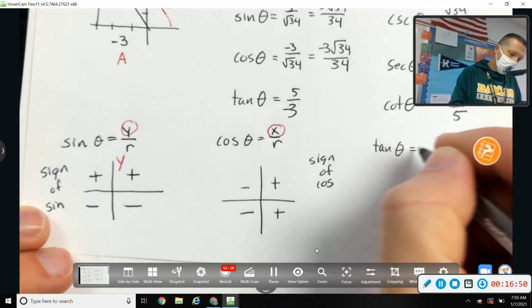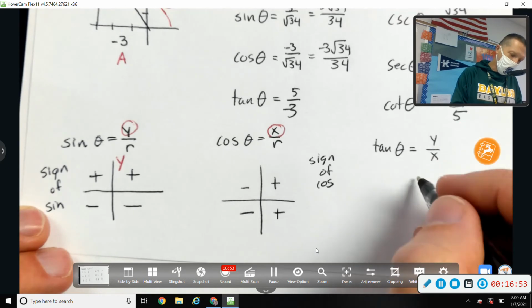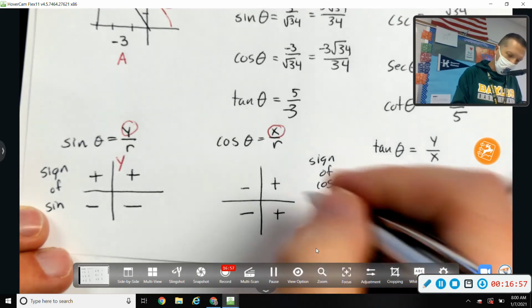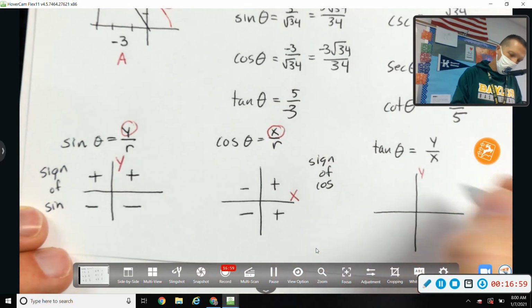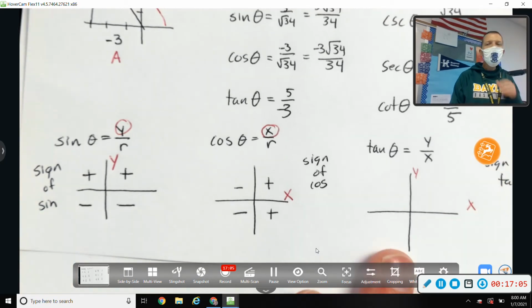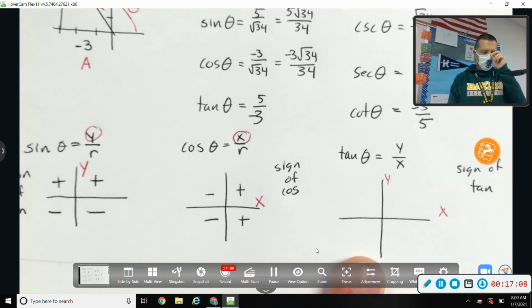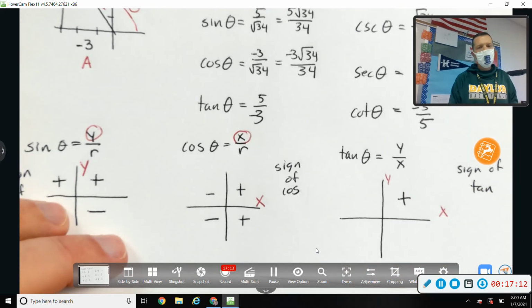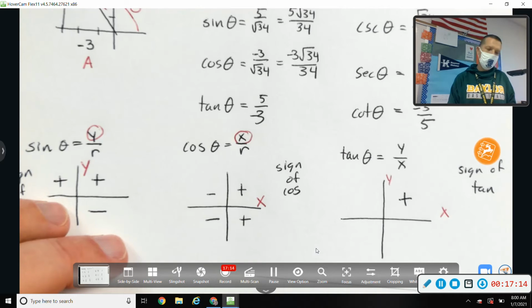Tangent is a little bit weird because it's y over x. So it depends on both x and y. So the sign of tangent. Well, in the first quadrant, everybody's positive, so that's an easy one. So tangent would be positive.